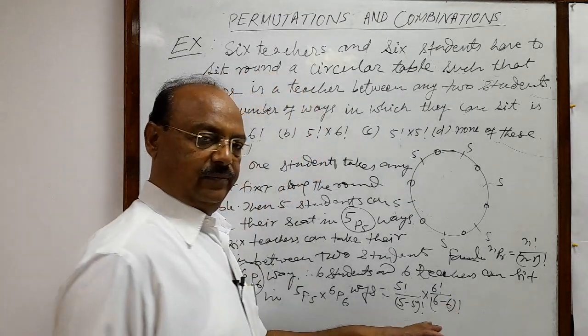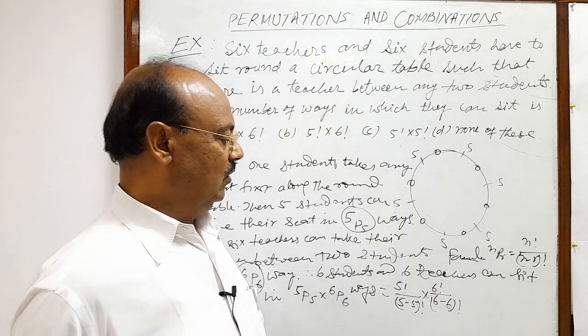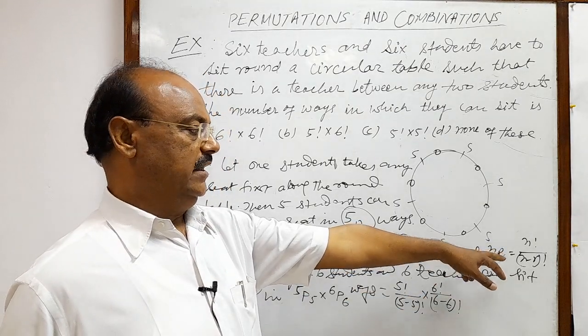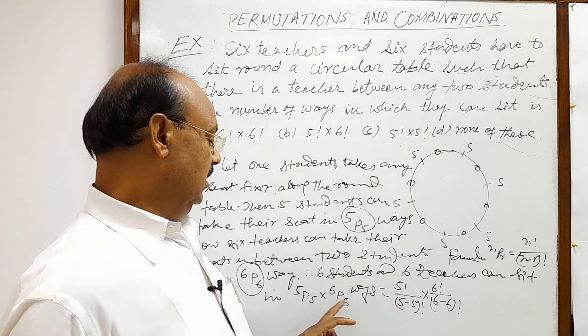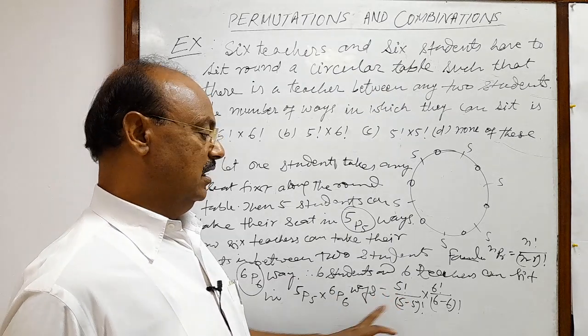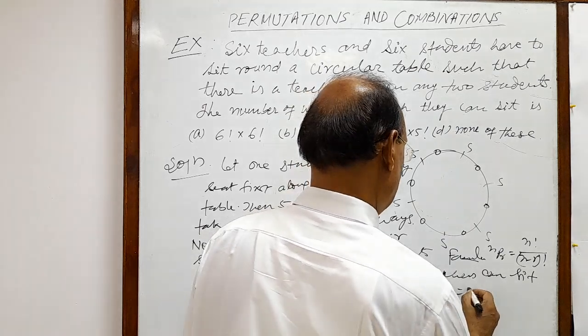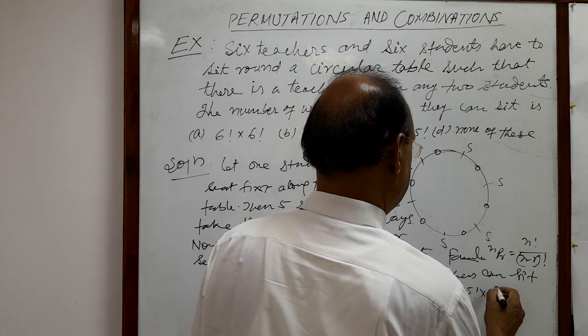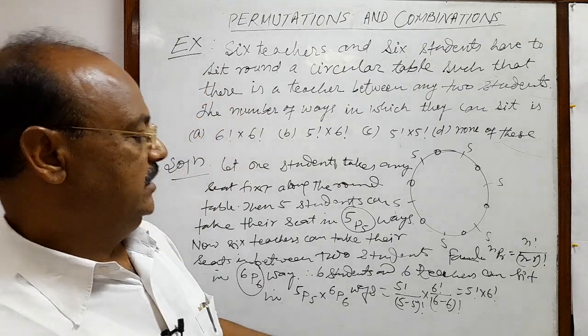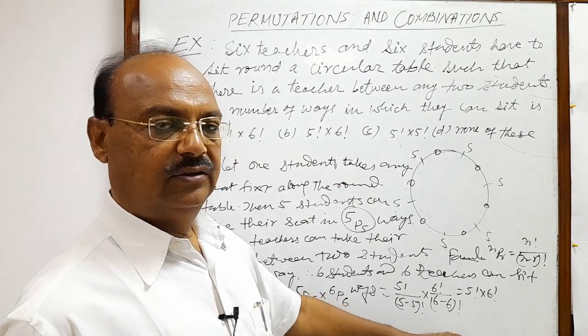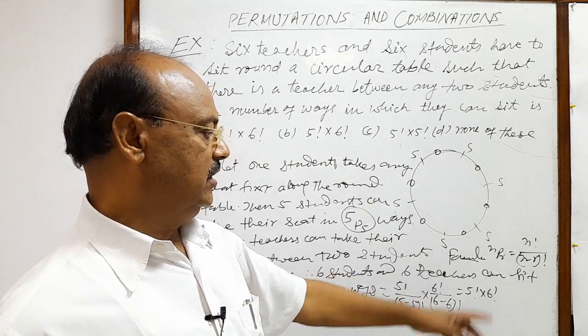Hope you are getting the step. By this formula, n factorial by n minus r factorial. Here n is 5 as well as r is 5. Here n is 6 as well as r is 6. So this is equal to 5 factorial into 6 factorial, because in the denominators we are getting 0 factorial and 0 factorial is 1. So 5 factorial into 6 factorial.